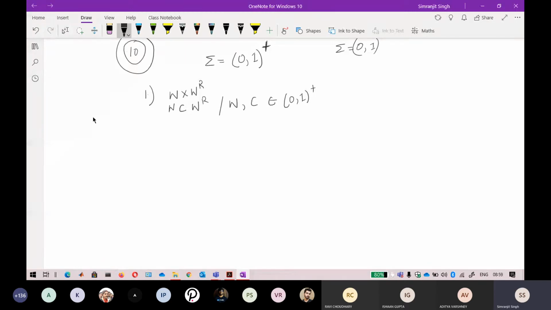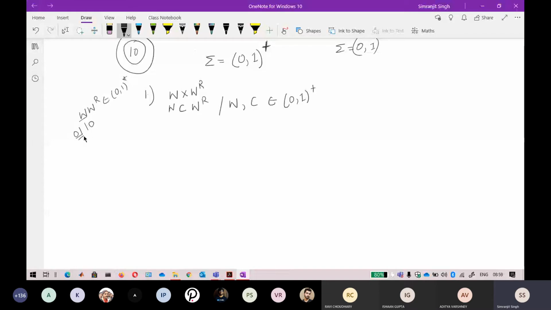If you remember the WWR question that we have done, we told you that it belongs to {0, 1} star. With W, if you are writing something like 01, I have to take the reverse of this string, which becomes 10.